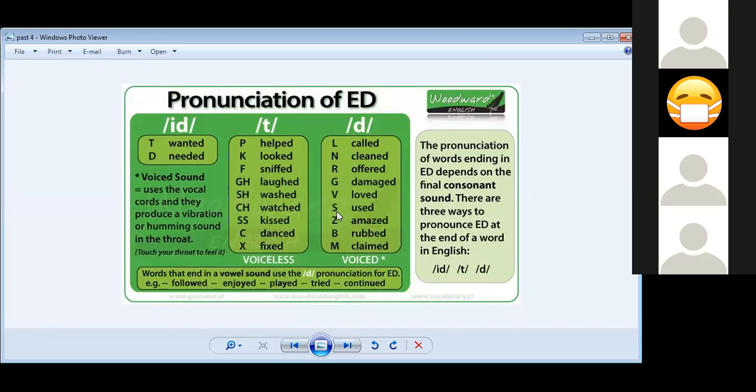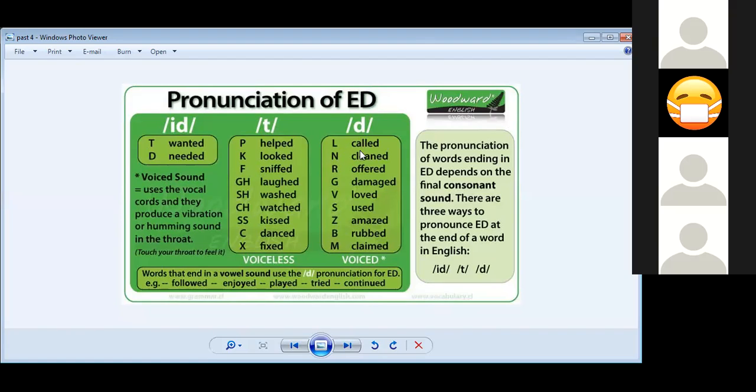This is S, but it is pronounced Z: use, amaze. We write it S but pronounce it Z. Also B, like rub, and M, like climb or claim. When the verb ends with those letters, we pronounce ED as "d", okay?